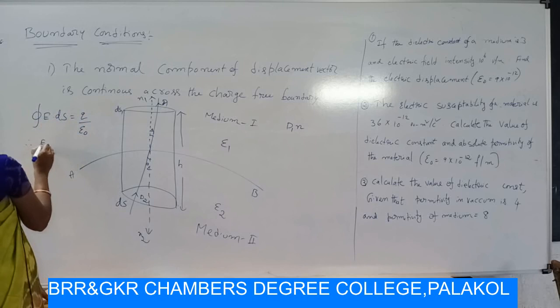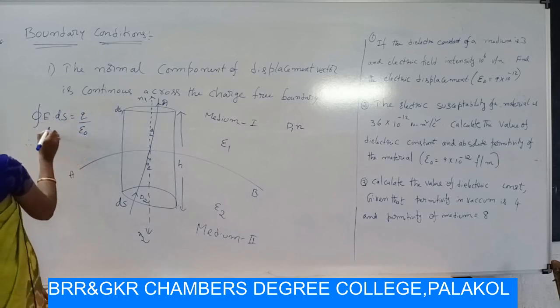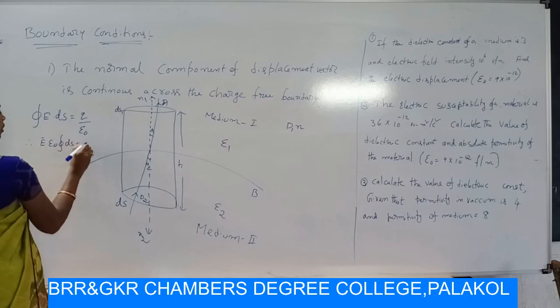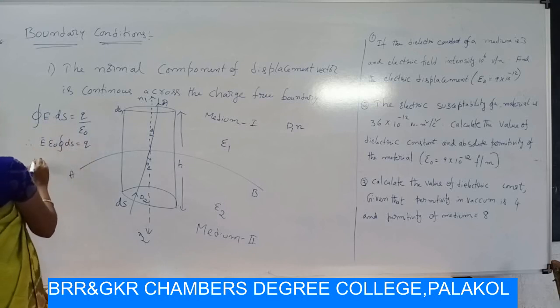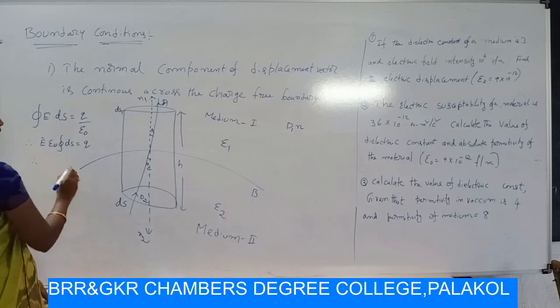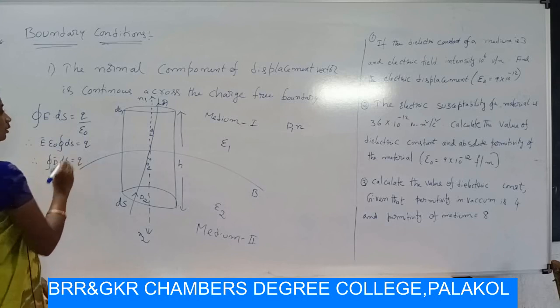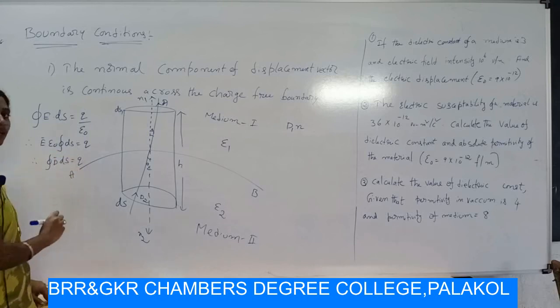Since E is constant, we take epsilon naught to the left-hand side, so we can write the closed integral of E dot epsilon naught dS equals q. This epsilon naught E is nothing but the electric displacement, so we can write the closed integral of D dot dS equals the charge q.